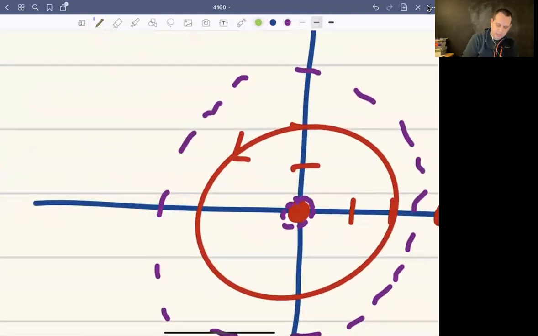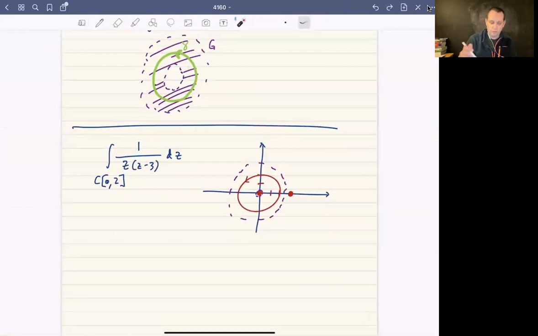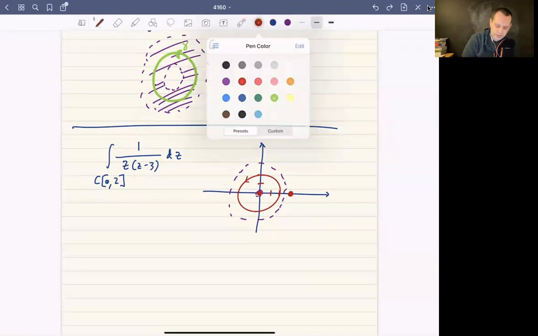Just like before, you can get arbitrarily close to that point. You can make a circle with as tiny a radius as you want, but it's got to have a positive radius because you're missing this point. This point is always going to have to be inside gamma. So gamma is going to have to be some curve where that point is inside gamma. So let's call this red curve gamma.